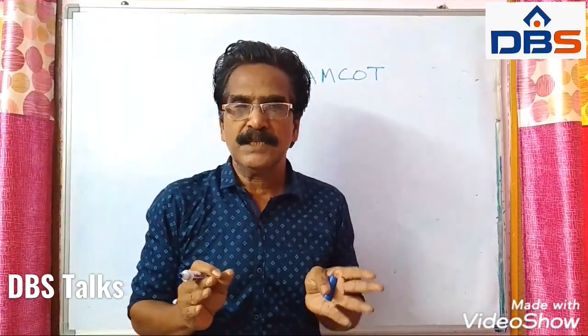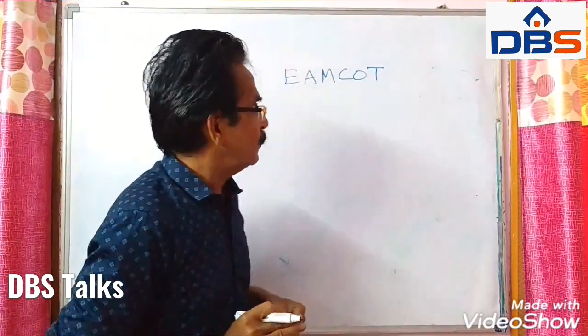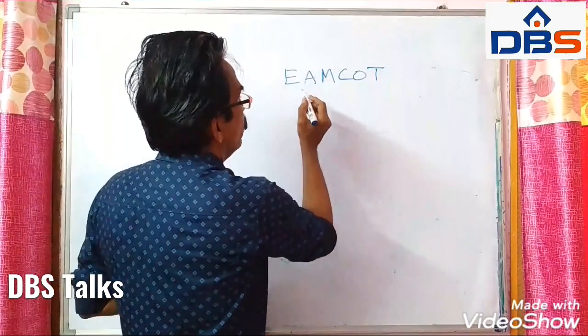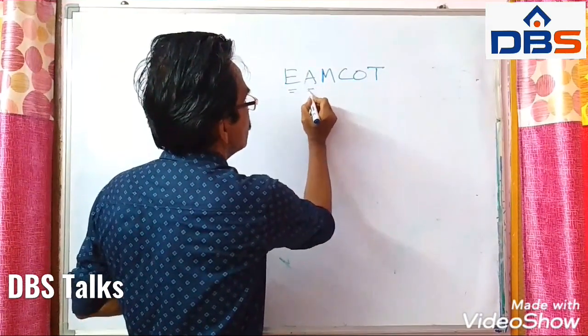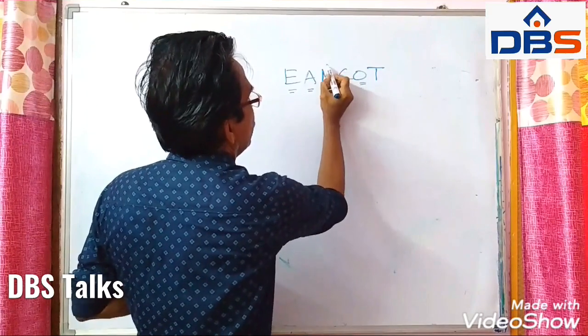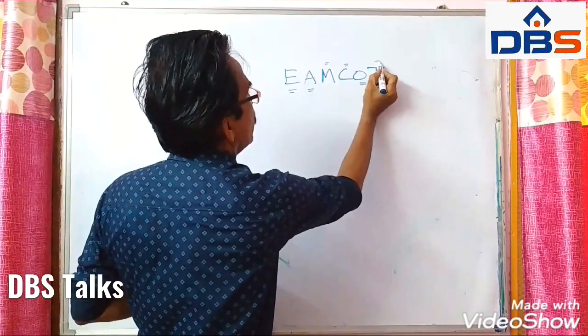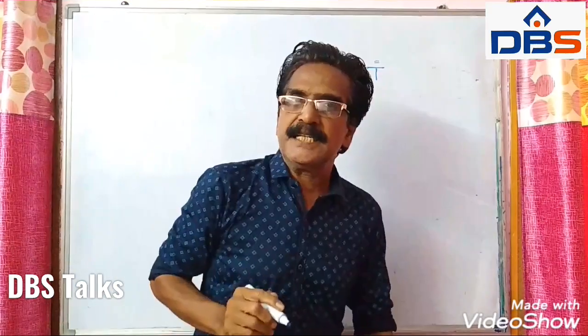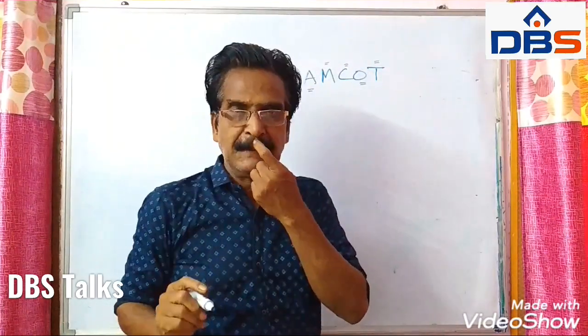So here in this word MCOT, we have three vowels and three consonants. Here the condition is given for vowels.